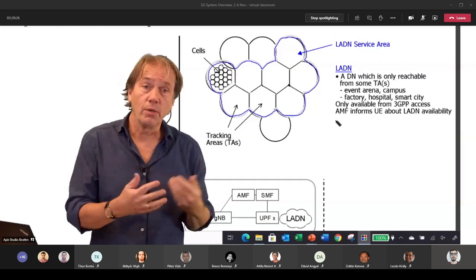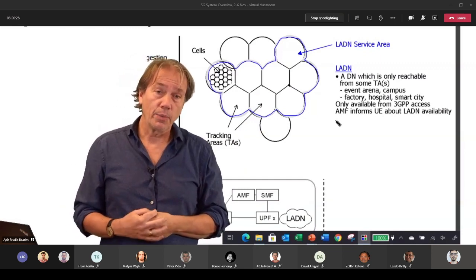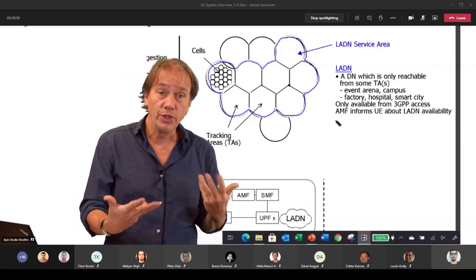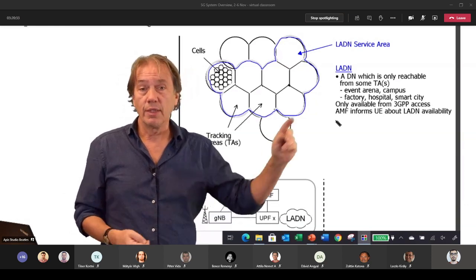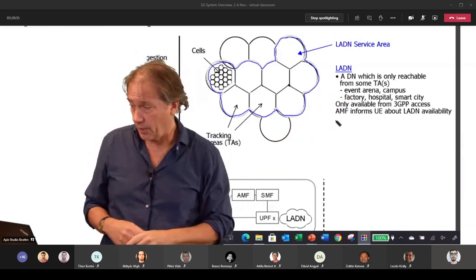And of course, there can also be local area data networks which are restricted to certain UEs, for instance, the factory or hospital network.